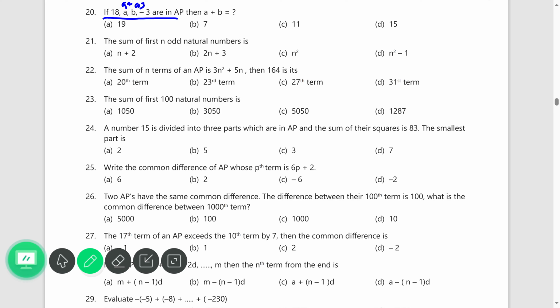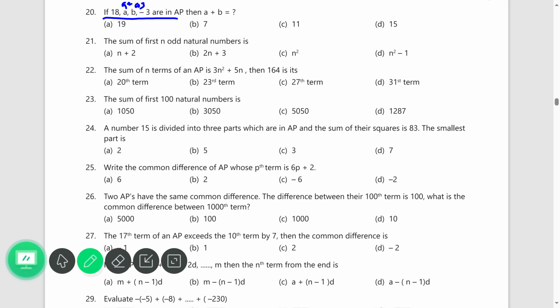Okay. So what will you do? The A value is there already, 18. Am I right? And what is given on the last? Actually, A4 it is. So A equal to 18 because A1 is 18. So A4 is what is given? Minus 3. A4 in the sense A plus 3D equal to minus 3.